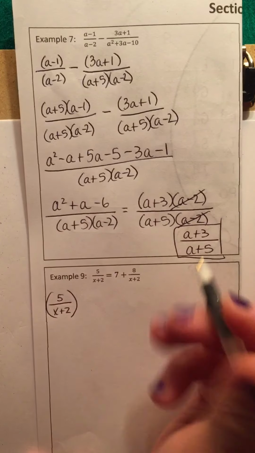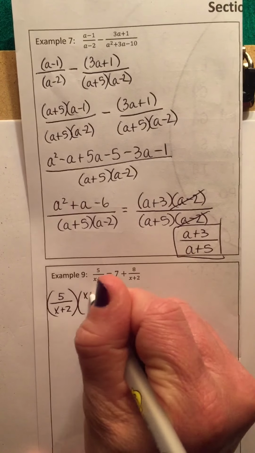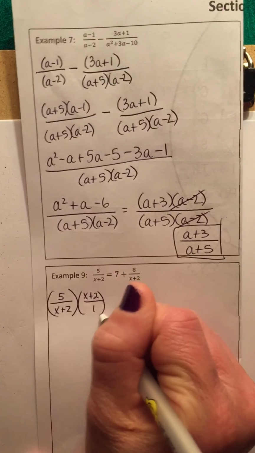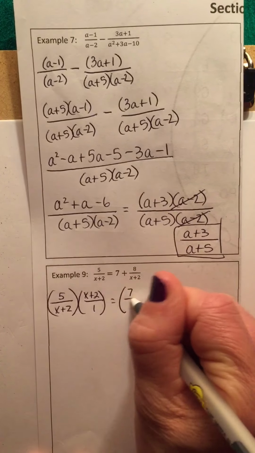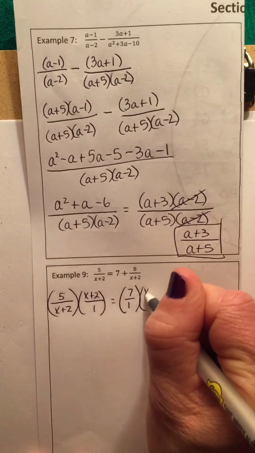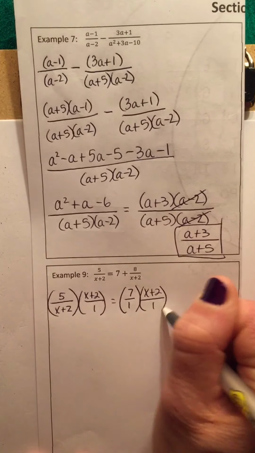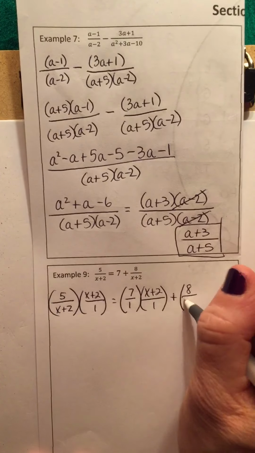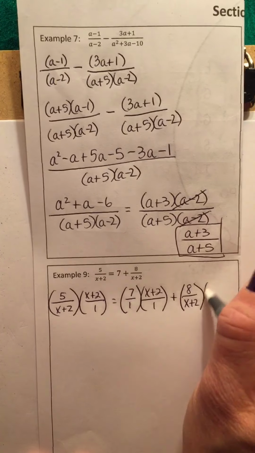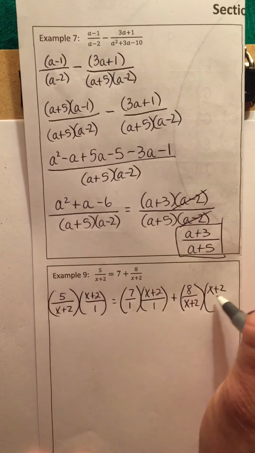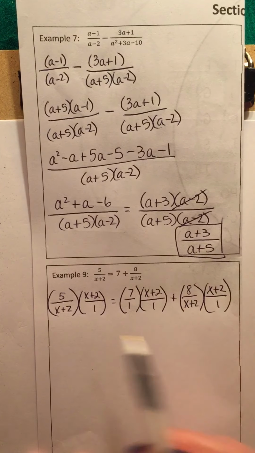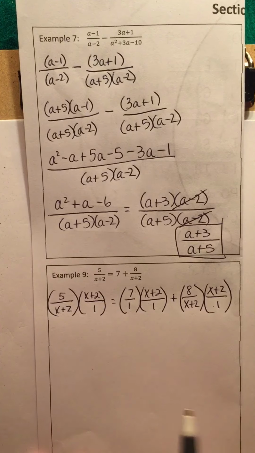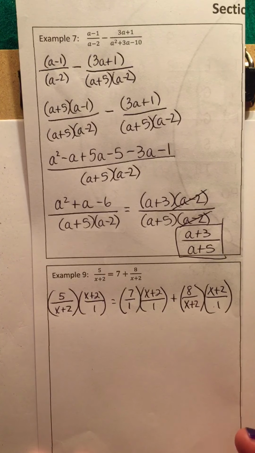So 5 over x plus 2 times x plus 2 over 1 equals 7 over 1 times x plus 2 over 1 plus 8 over x plus 2 times x plus 2 over 1. Each term I multiplied by x plus 2 over 1.